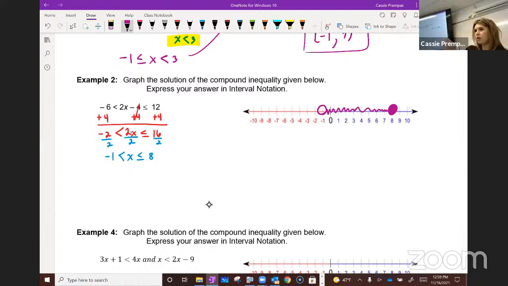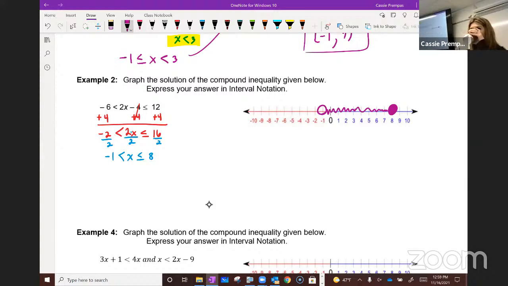All right, turn to your partner, the person with the least amount of siblings. Share with your partner what the answer would be in interval notation. Mm-hmm. How many do you have, Jay?